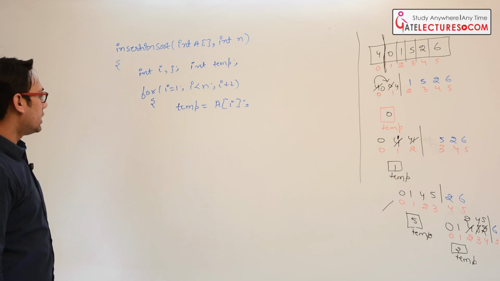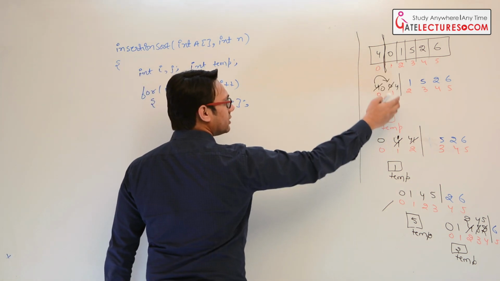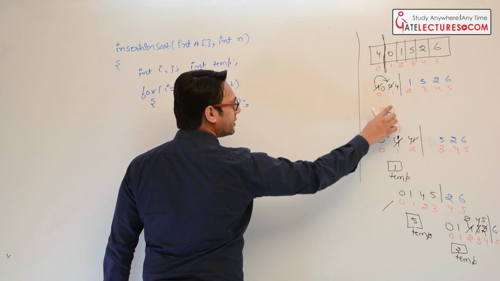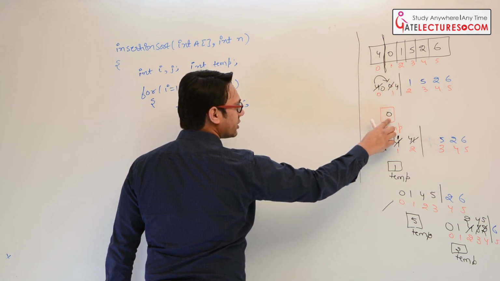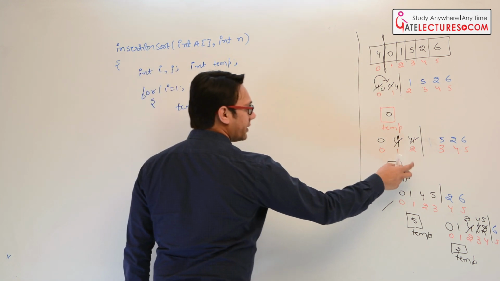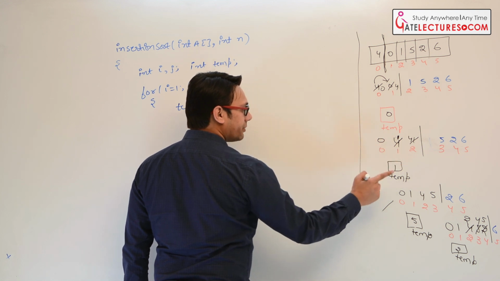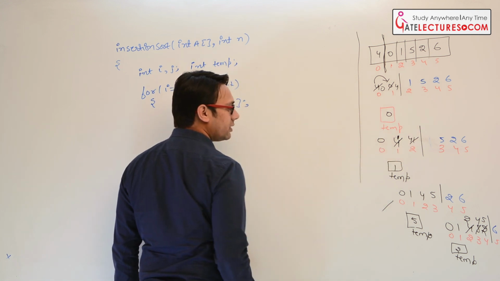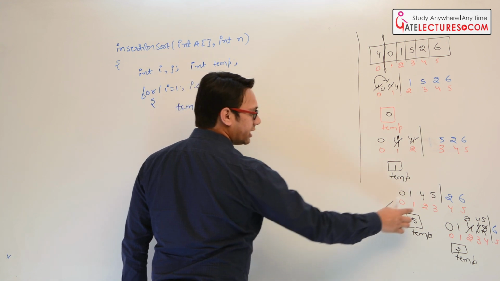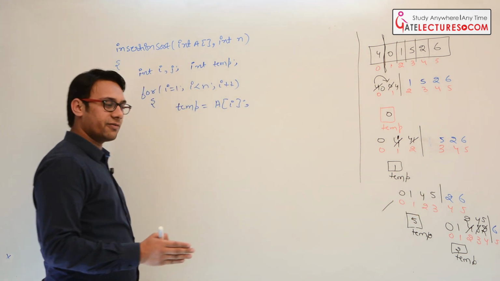Now we have to see the index location. For example, if the item is at index location 0, we have to compare if this item is greater than this. Next time, in the next pass, store this value, compare index location 1 with this temporary variable, then index location 0 if necessary.